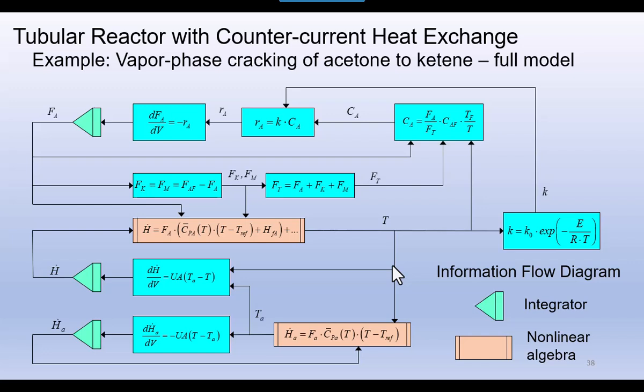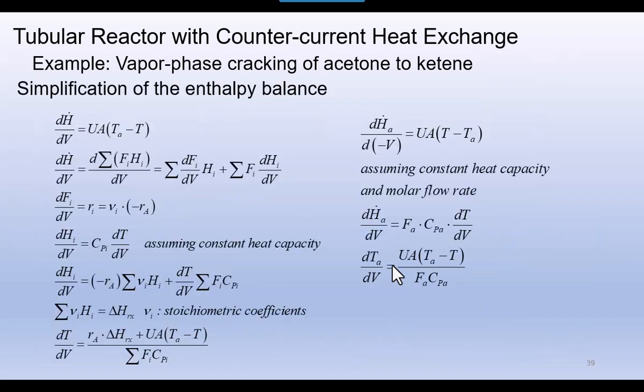Then we can consider, well, what would happen if we made some simplifying assumptions. And here we take a look at what those simplifications would be. We can take our differential equation for enthalpy, and we can describe the derivative here in terms of the individual enthalpies, and that gives us, by the product rule, these two summations.